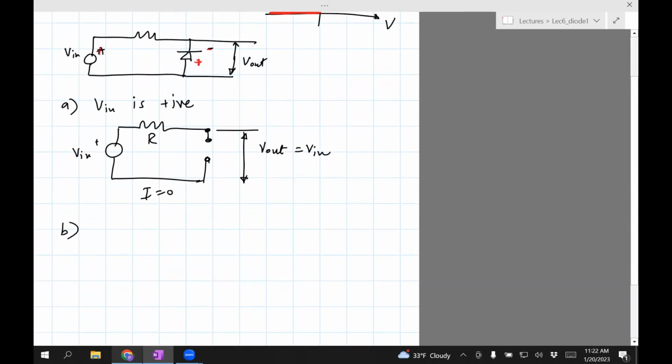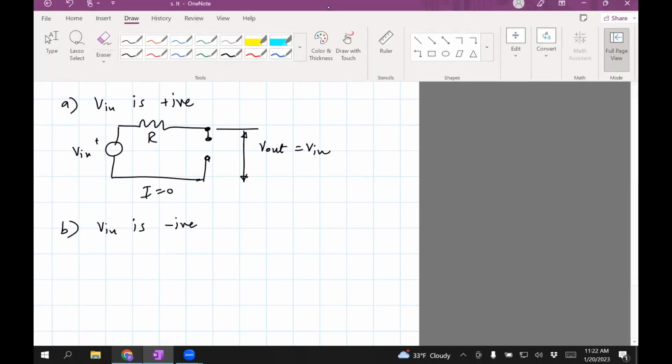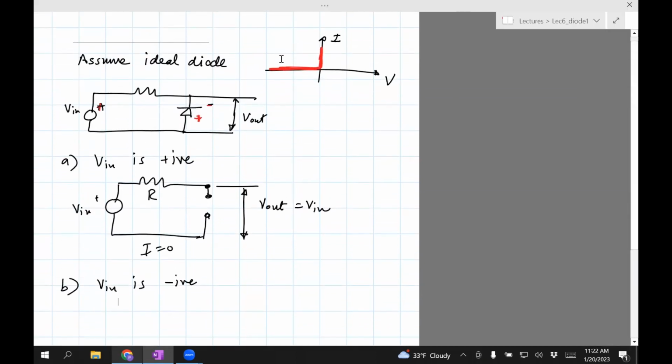Now let's do the reverse, which is what if V in is negative? Now when V in is negative, there's negative here, and you'll see that the diode is forward biased, or a better way to think of it is this is positive, and so the current will flow, and so that's effectively making the diode a short circuit, or we can replace the diode with a piece of wire.